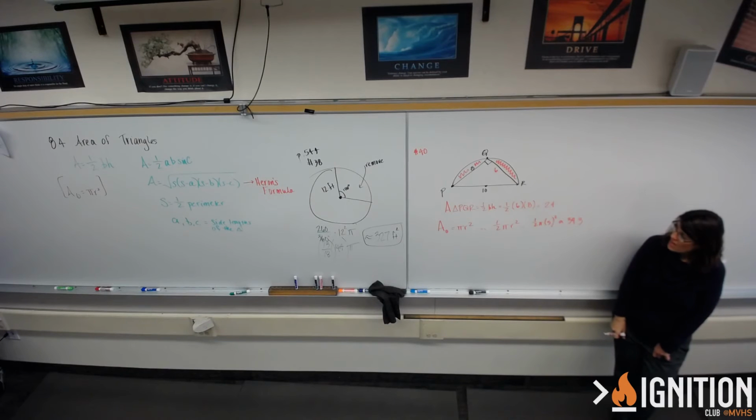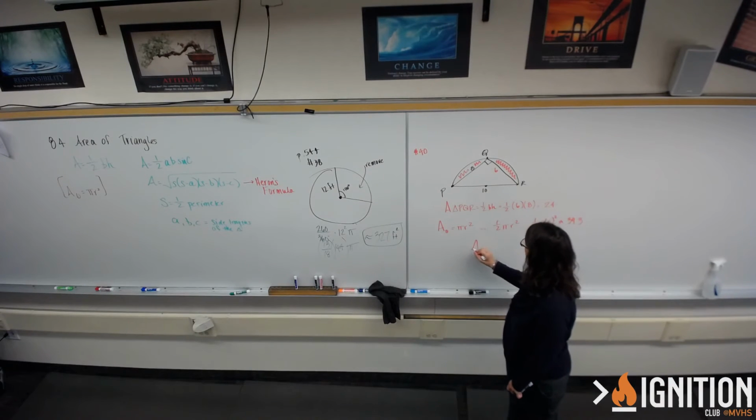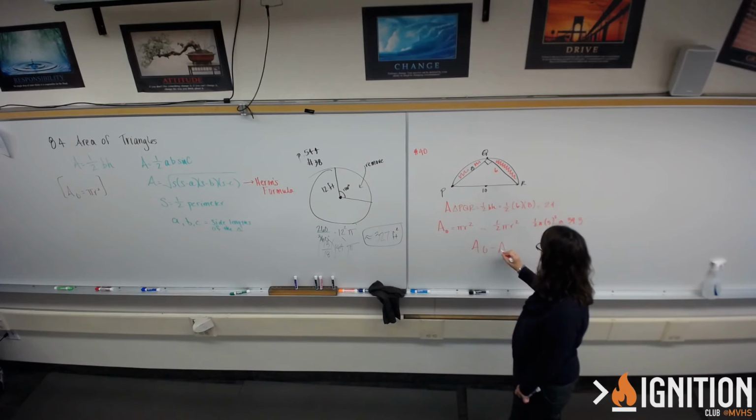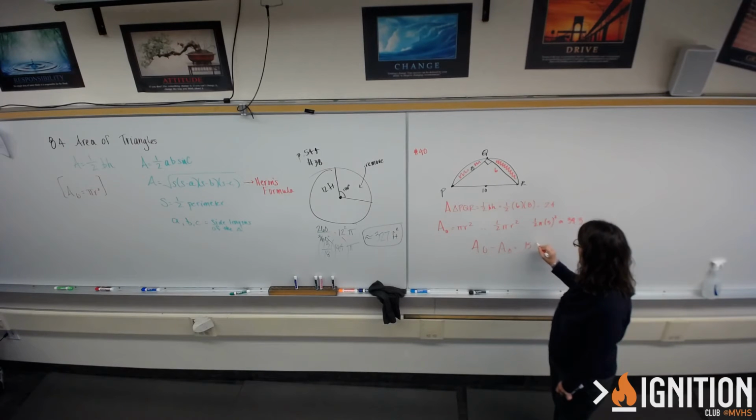Okay, so there's my area of my half circle. Take out the triangle. I believe that is 15.3-ish. Yes? So all together, we have the area of the circle minus the area of the triangle, which is 15.3.